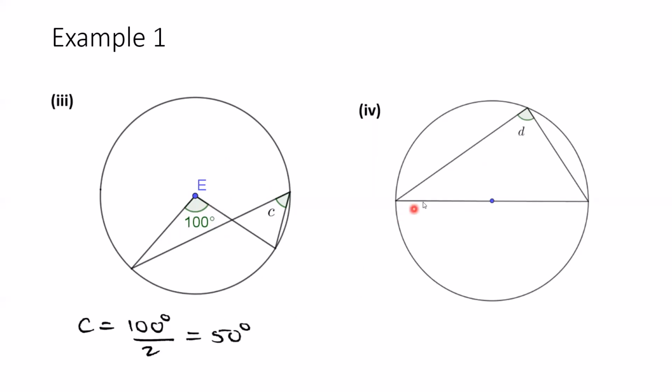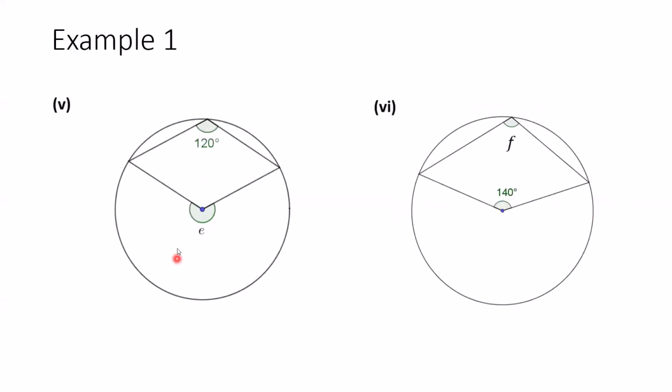Part 4. Here, angle at center is 180. Therefore, angle at circumference must be 90 degrees. Also, we can see that this is a triangle in a semicircle. Therefore, D is 90 degrees.